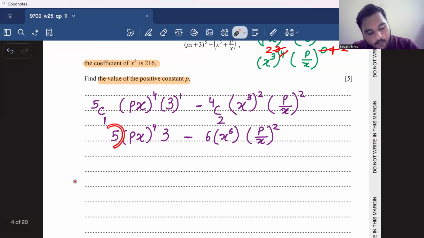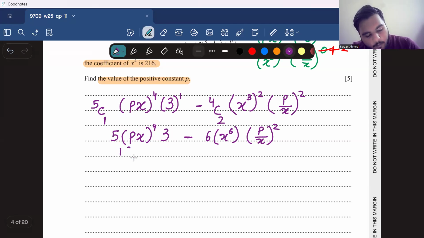So this 5 will multiply by this 3, and it will become 15. So 15p raised to power 4 x raised to power 4 minus 6p squared x raised to power 4.